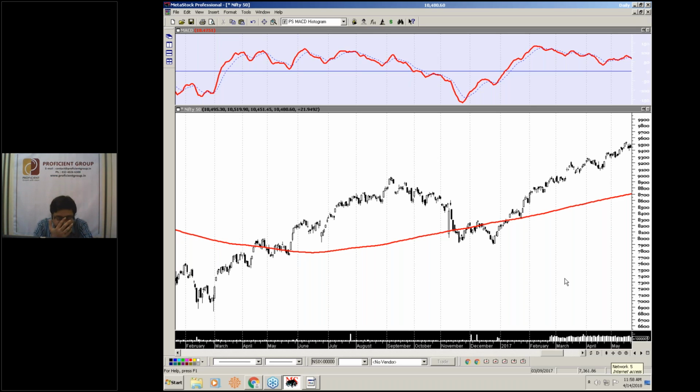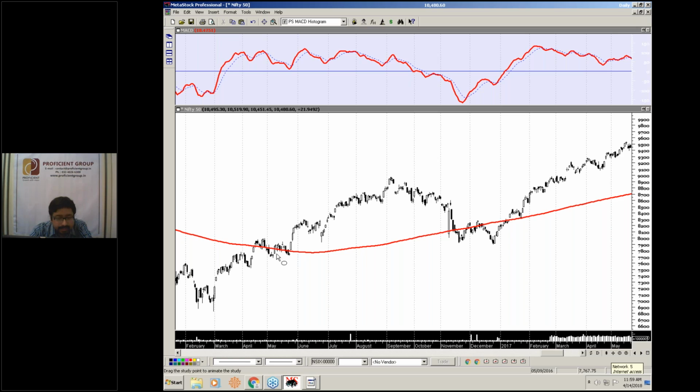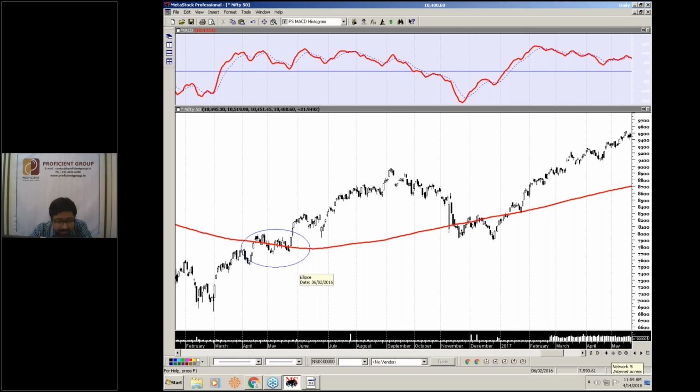Why am I using this moving average? Because a 200-day moving average is also a very robust signal, a very robust trend indicator, right? And sometimes prices will go above or below a particular moving average, say, for example, as it did here. Look at this particular period, right?